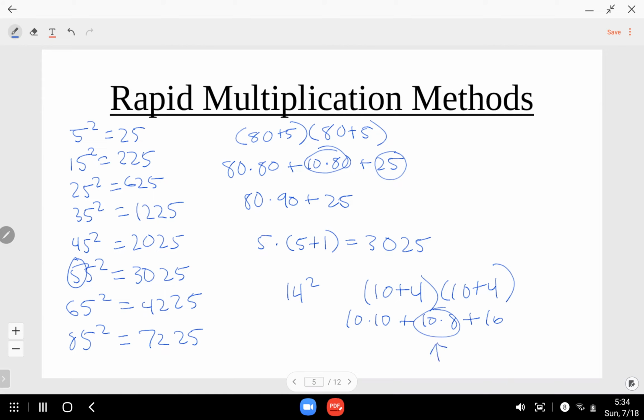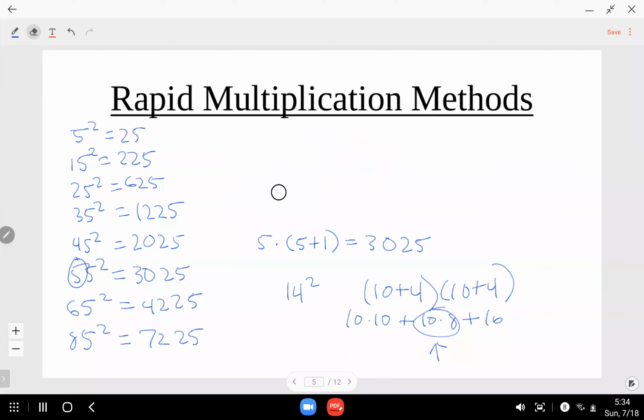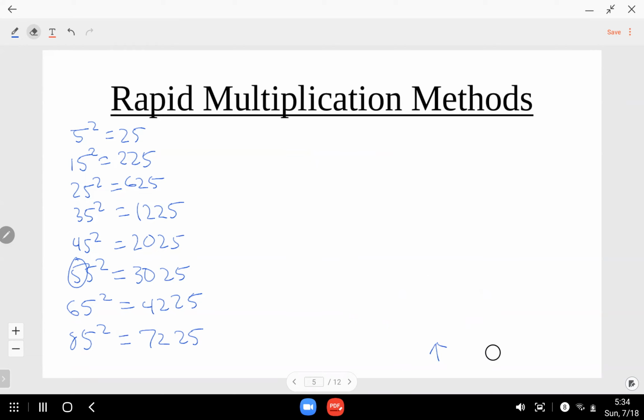But when you're adding 5, then you're adding 10 times that number. So it's always easier when you have 5. But with that aside, this method is always the fastest. Whenever you are trying to rapidly multiply something, this is what you do.